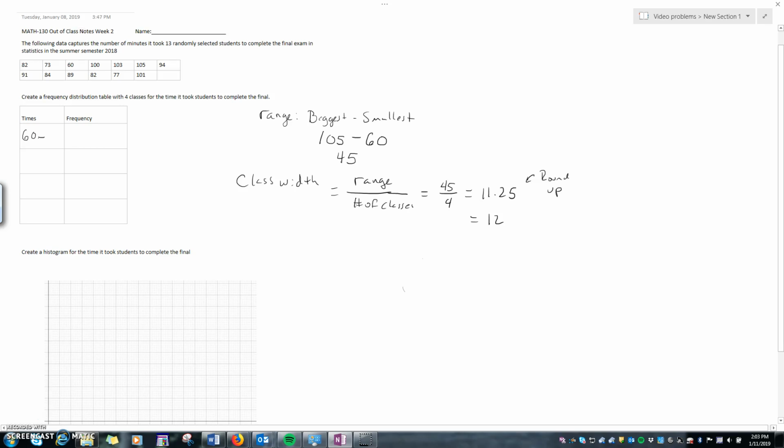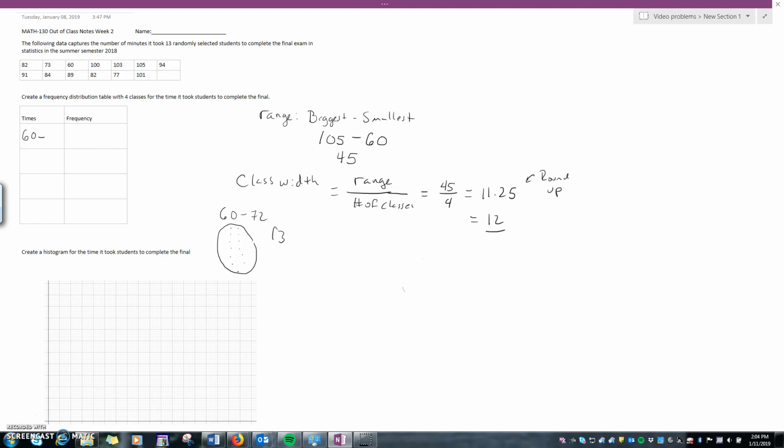The thing to think about, though, is you're not going to add 12 across, because if I added 12 across, 60 to 72, and I count 60, 61, 62, 63, 64, 65, 66, 67, 68, 69, 70, 71, 72, if you count those dots here, you see that we actually have 13. That's too big, right? We want that to be 12.